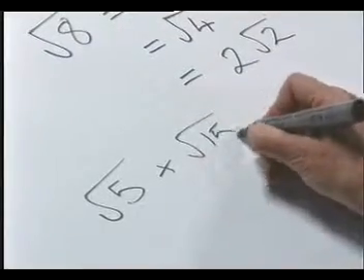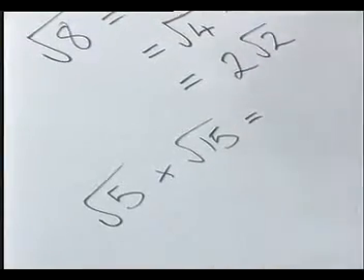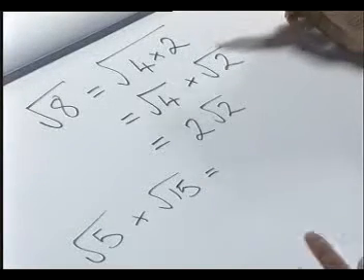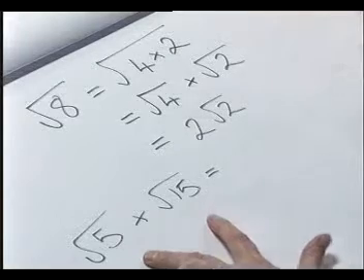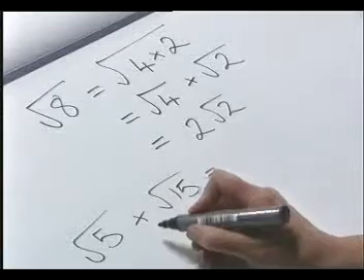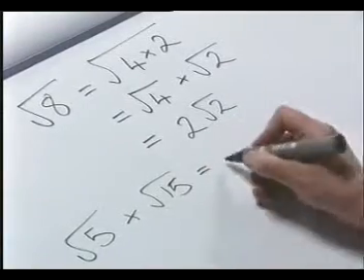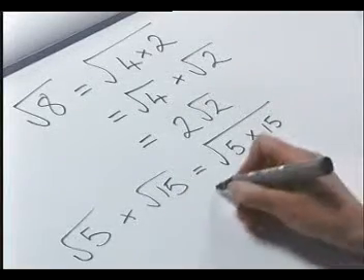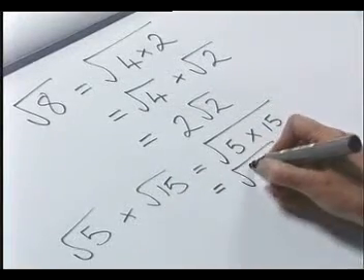What about this one? What about the square root of 5 times the square root of 15? Now, in the previous example, the product of the square roots is equal to the square root of the product. So we use that fact to rewrite this expression in another way. The square root of 5 times the square root of 15 is the square root of 5 times 15, and that is the square root of 75.